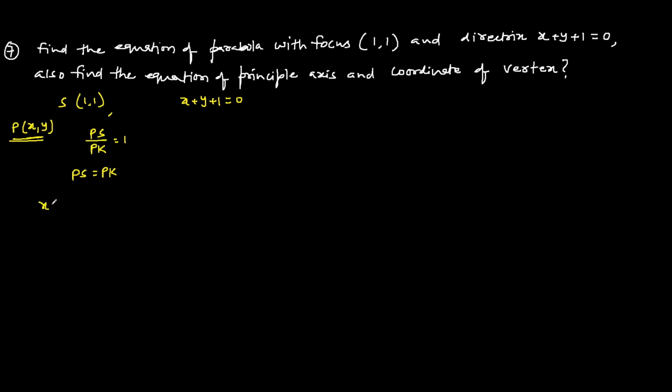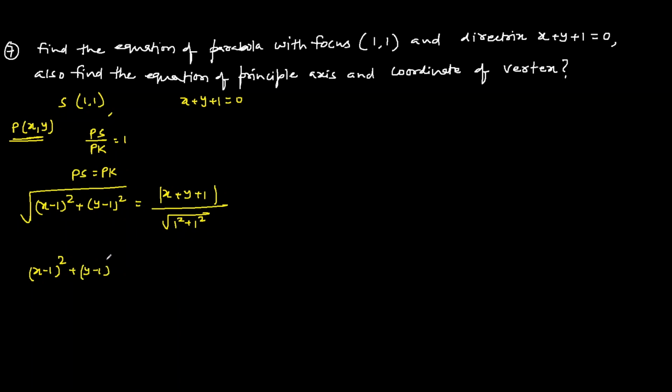So PS is the square root of (x - 1)² + (y - 1)², and PK is |x + y + 1| divided by the square root of 1² + 1². Squaring both sides, (x - 1)² + (y - 1)² = (x + y + 1)²/2. So multiply by 2 here.